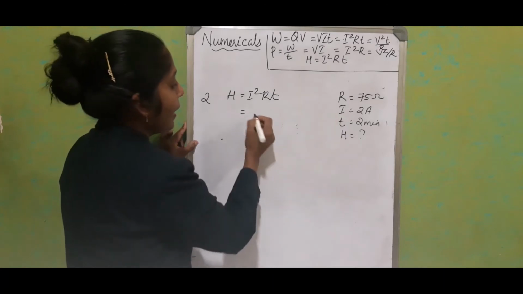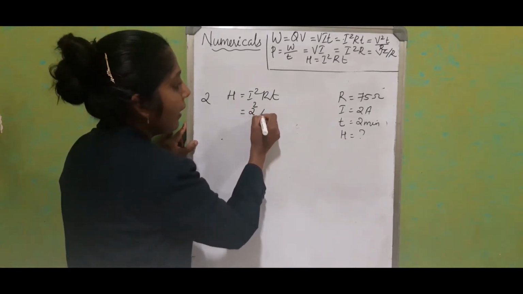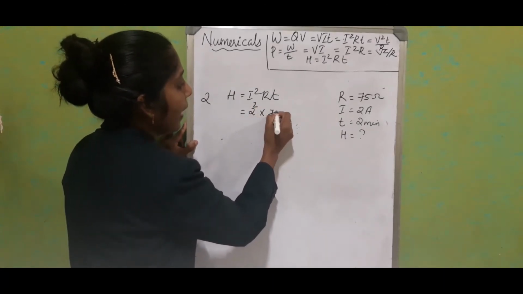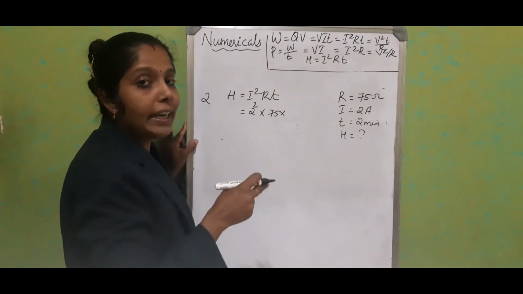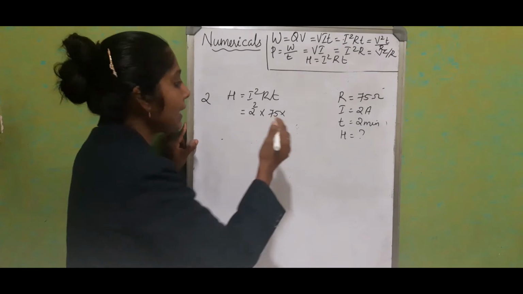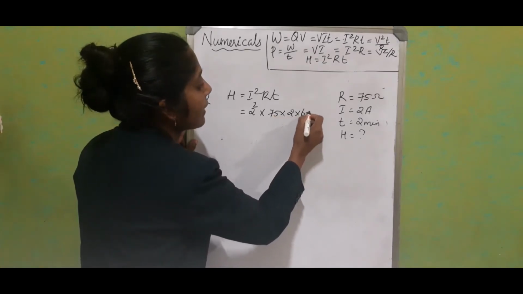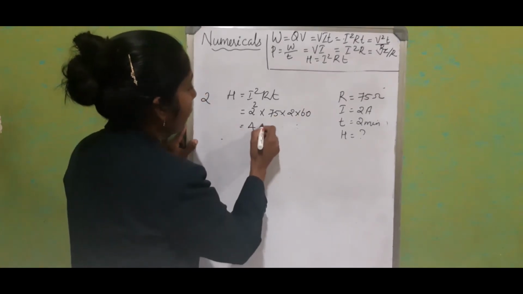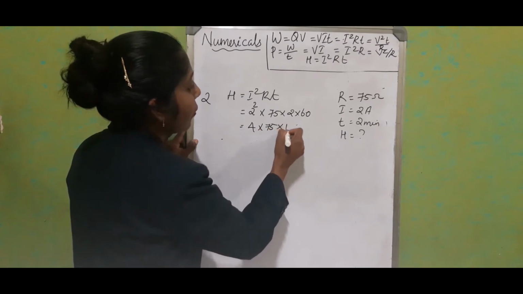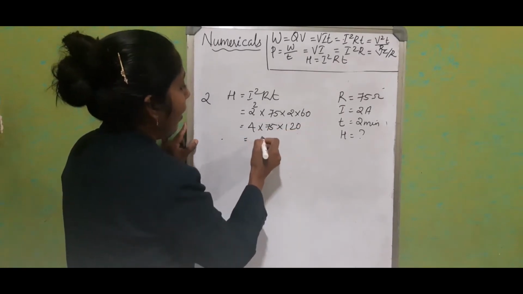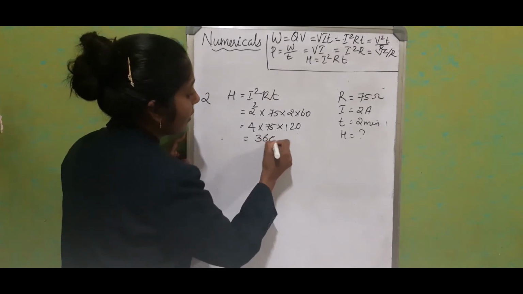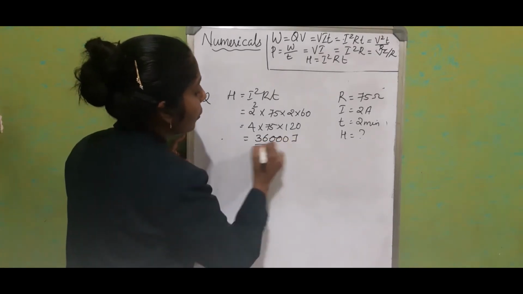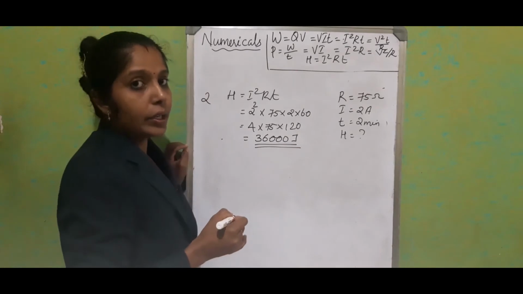So I square is 2 square into 75 into T. T is given in minutes, so we have to convert it into seconds. So 2 into 60, 4 into 75 into 120, and after solving we will get the answer as 36000 joule.